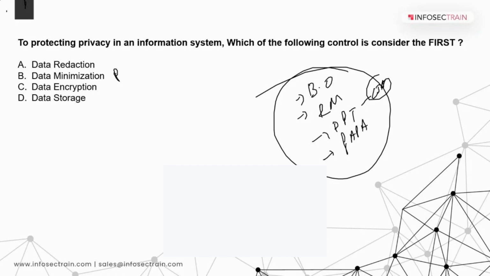Data minimization, yes, we can park this option, because if you have less data, you are collecting only the data that we actually need. For example, I am collecting your email ID and your name for a particular webinar, and I am using it for this. But tomorrow you start getting lots of other notifications, right? That means I am violating the purpose.